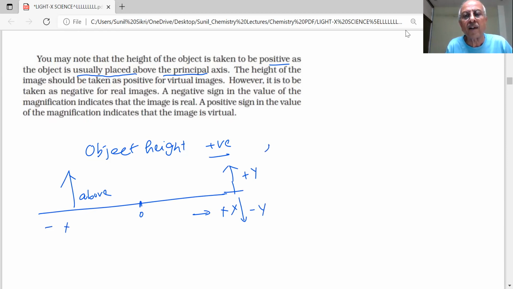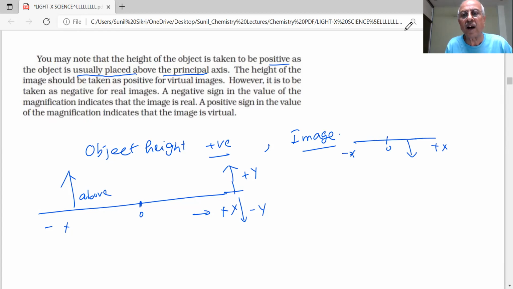But for images, if the image is below the principal axis, student, this is my plus x, this is my minus x. If the image is below, then what will be this, positive or negative? So this is the height of the image.